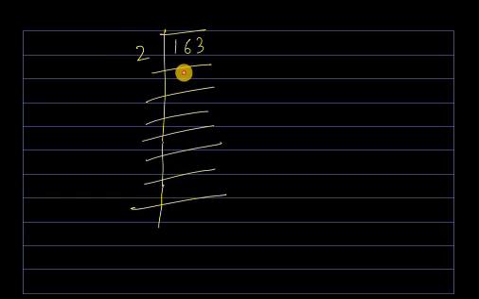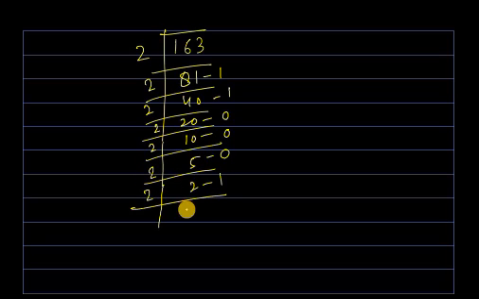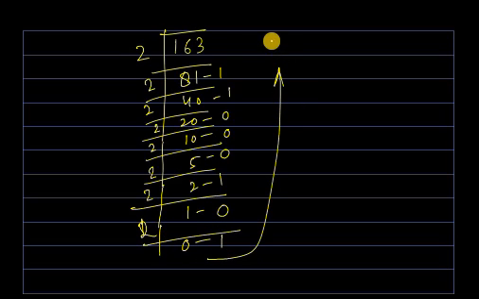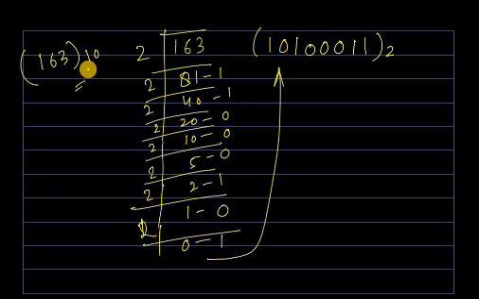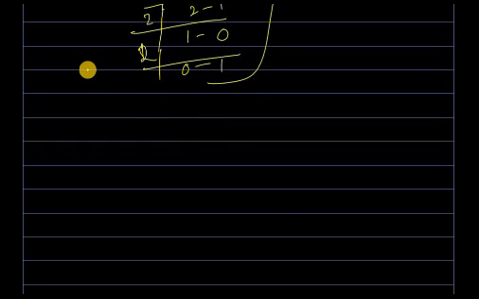This will go 81 times, 1 remainder, 40 times, 1 remainder, 20 times, 0 remainder, 10 times, 0 remainder, 5 times, 0 remainder, 2 times, 1 remainder, 1 time, 0 remainder, and 0 times, 1 remainder. Take it from bottom to top. 1 0 1 0 0 0 1 1 is the equivalent value of 163 in decimal. Is that okay?